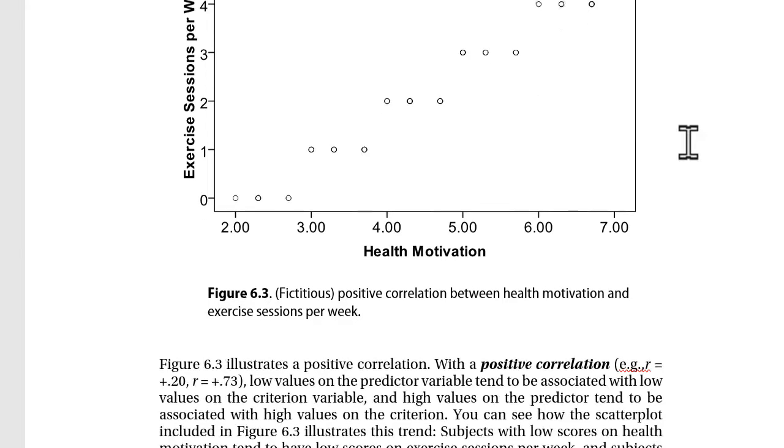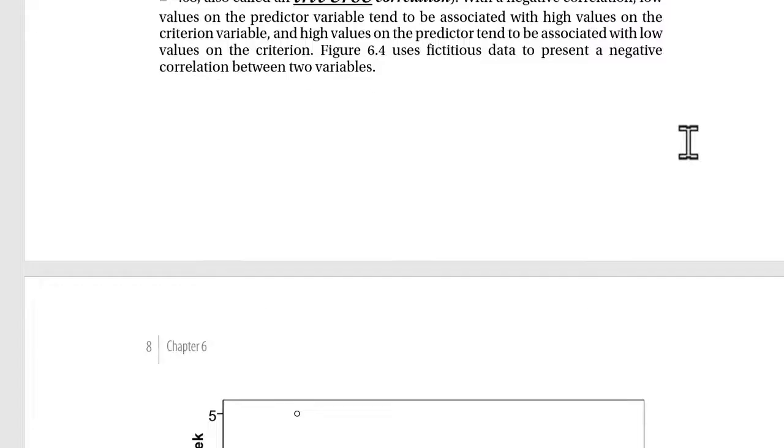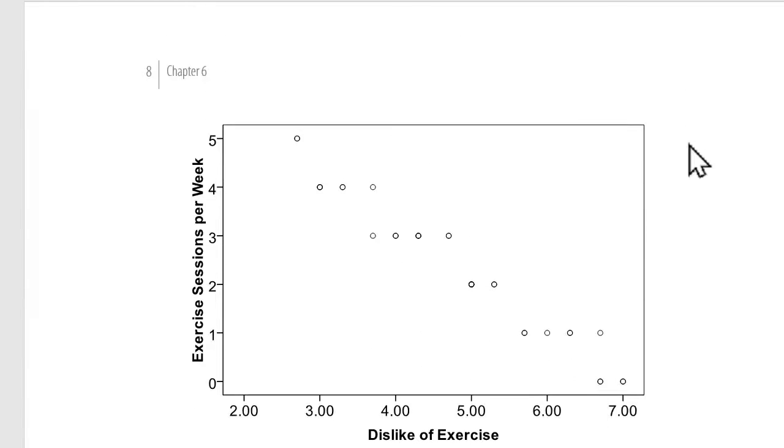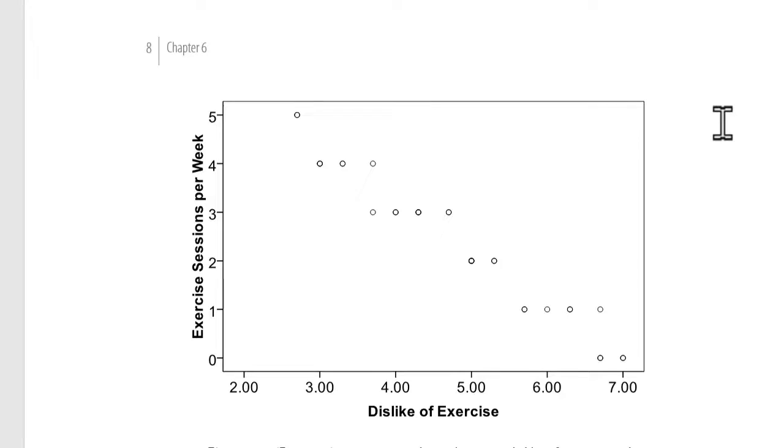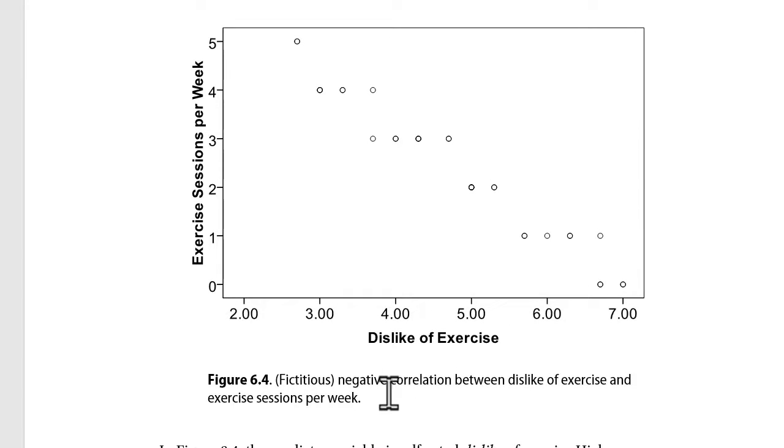If not, maybe it looks like the scatter plot on page 8 of your course pack chapter. Page 8 of your course pack chapter, we have a scatter plot which is fictitious negative correlation between dislike of exercise and exercise sessions per week. Is this what your scatter plot that you just created looks like?